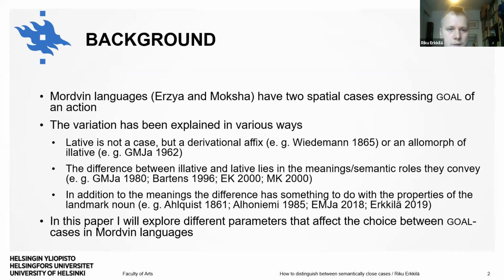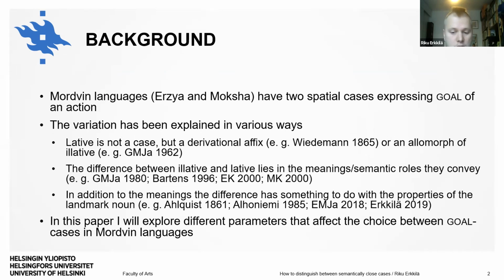So, first, Mordvin languages, Erzya and Moksha, have a curious situation that they have two goal-oriented spatial cases, that is illative and lative, but the case paradigm does not have two of any other kind of spatial case.